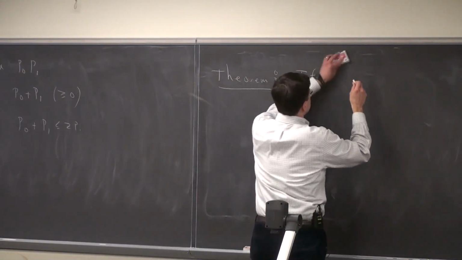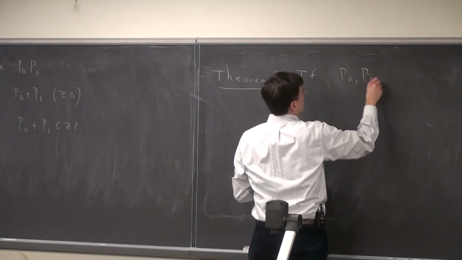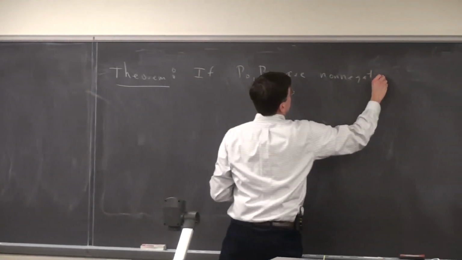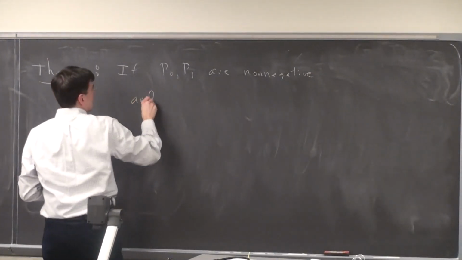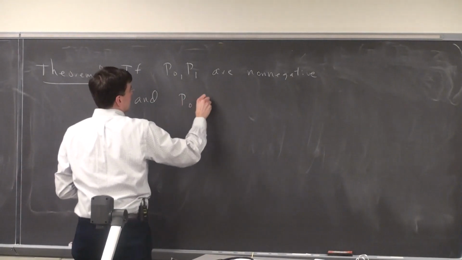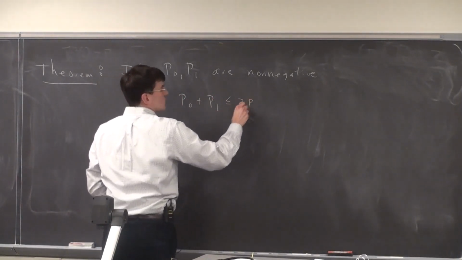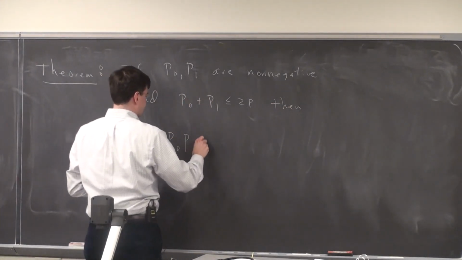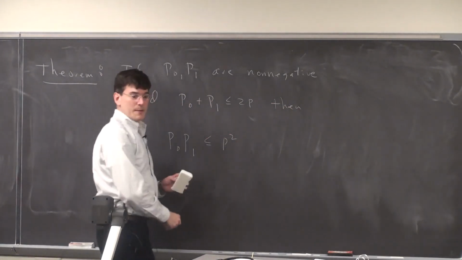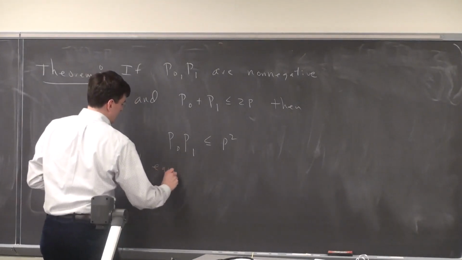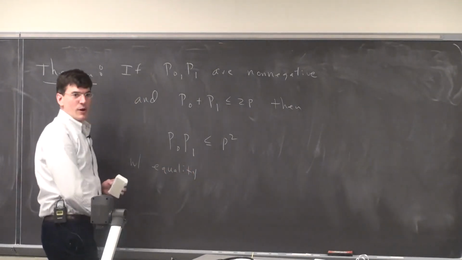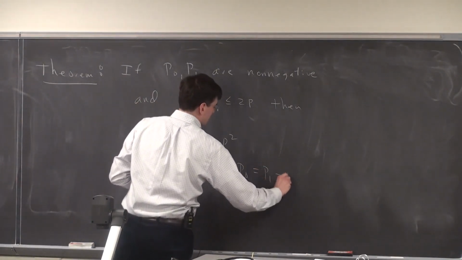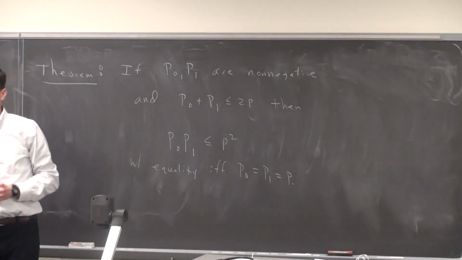So if you have two numbers, and they sum to 2p, then the product is less than or equal to p squared. That's an upper bound always, and you'll hit that upper bound if and only if the two powers are the same. P0 and P1 are the same.